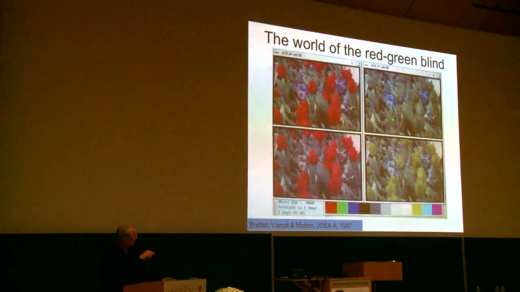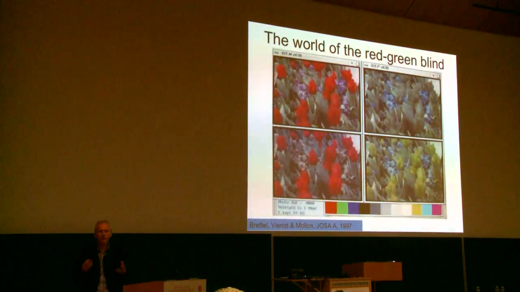But our observers that we used in these experiments would see the world like this or like that, and you can see that there is still color information available that can help you segment the scene and tell basically the flowers from the leaves and the background. And the dichromatic observers seem to really be able to use that information.